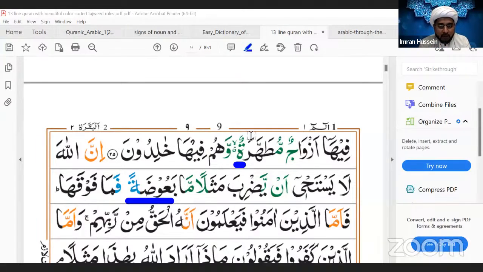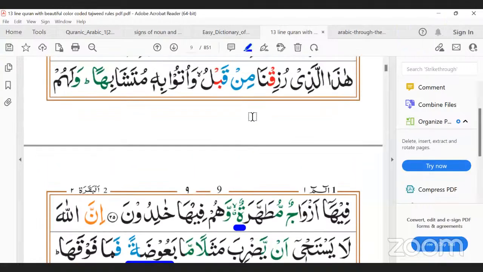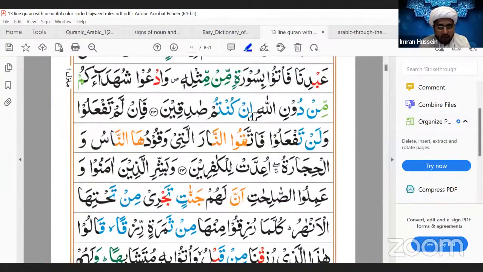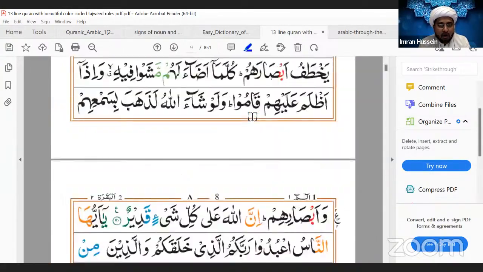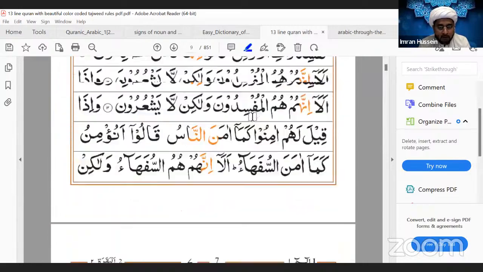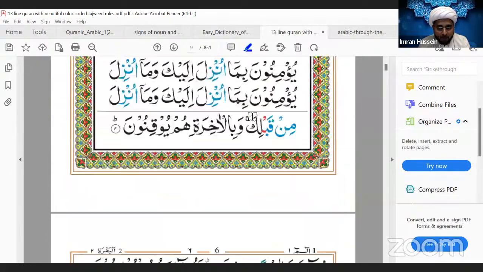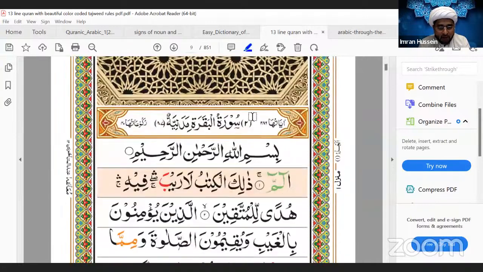Now, as you've asked the question of adjectives: adjectives in English are describing words. In the Arabic language, because this is just an introduction, whenever you have an adjective, which is a describing word, it follows the noun which comes before it.